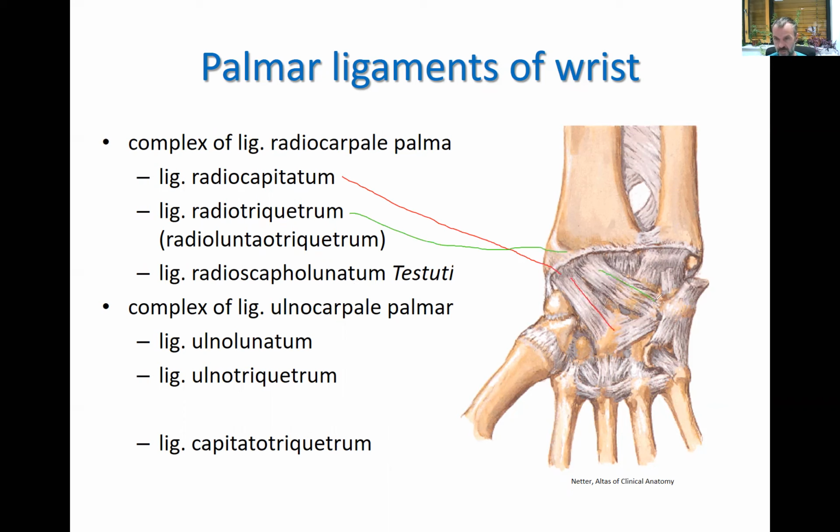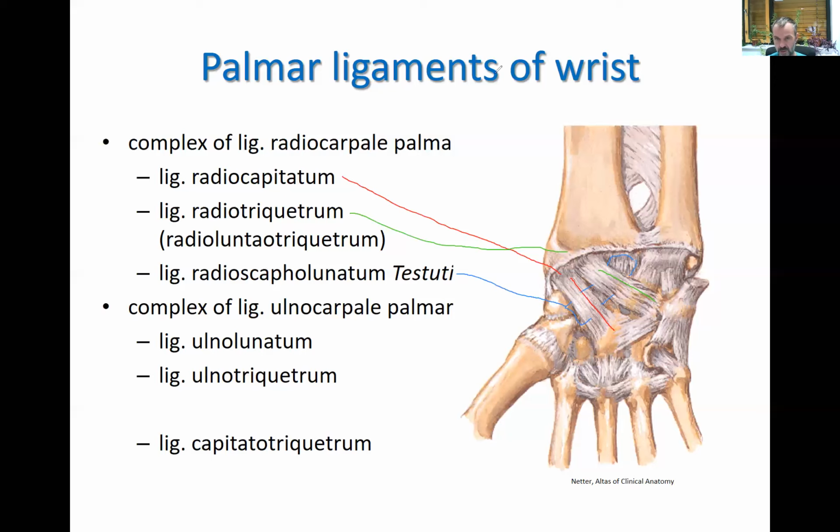And we can see radioscapholunate, which is a bit hidden below. That's the ligament, and you can see part of it, hidden below, in this extent. So these are three ligaments which are important from the clinical point of view.